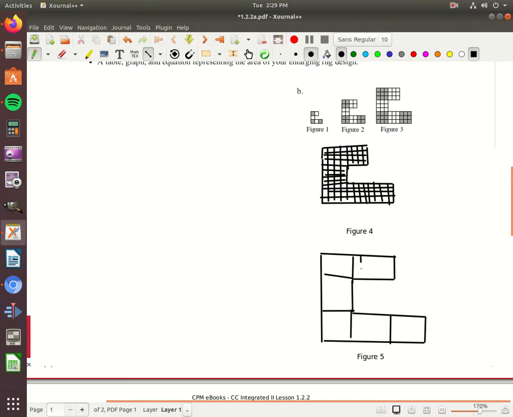And then from there, I know I'm going to have 2, 3, 4, 5, 2, 3, 4, 5, and so on, going back up here.